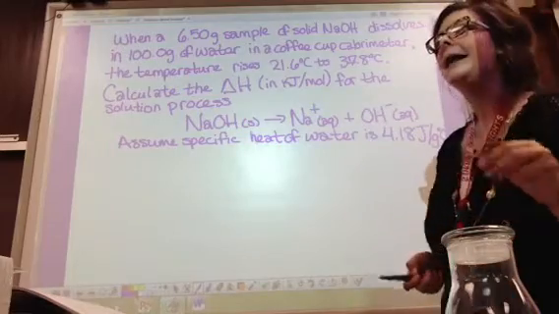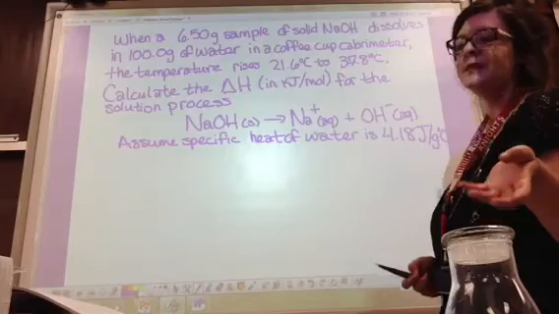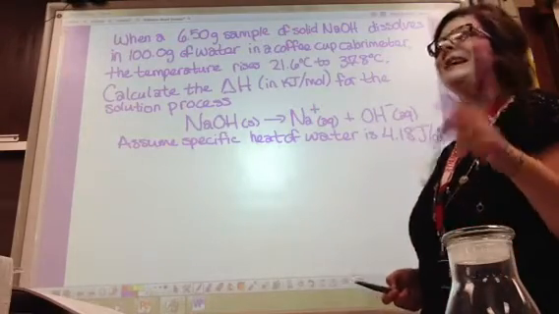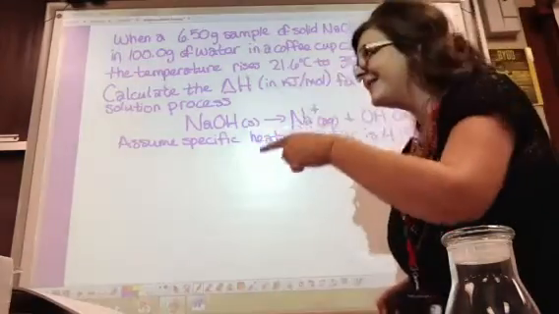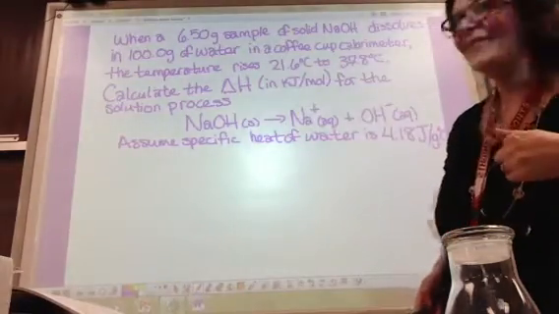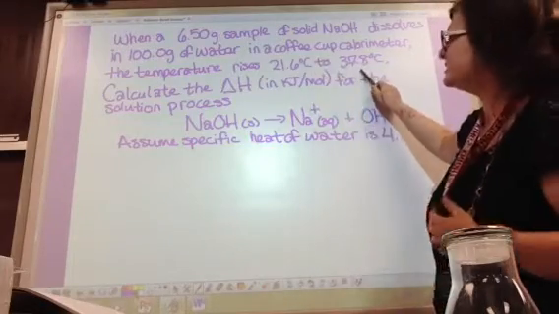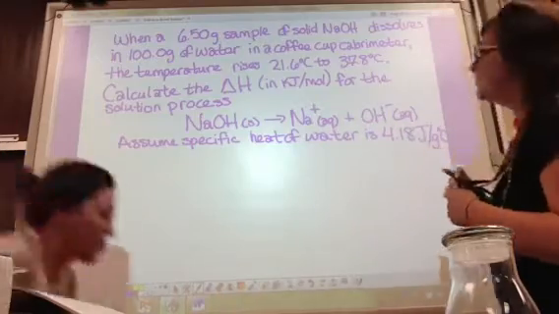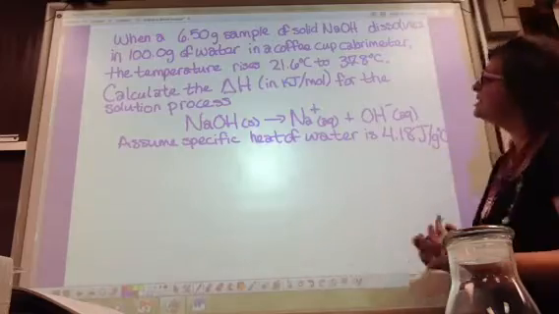Right off the bat, I know that since the water temperature is rising, would this be an exothermic or an endothermic reaction? It would be an exothermic reaction because I would be releasing energy into that water.